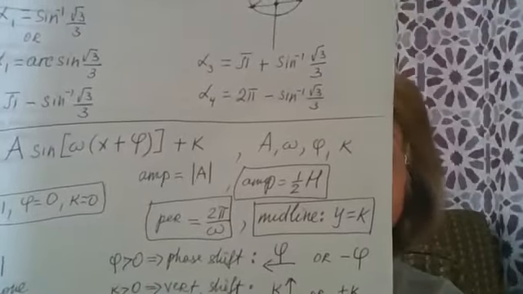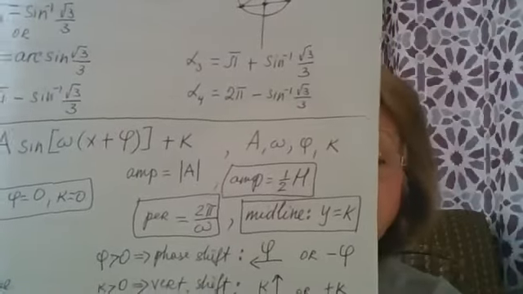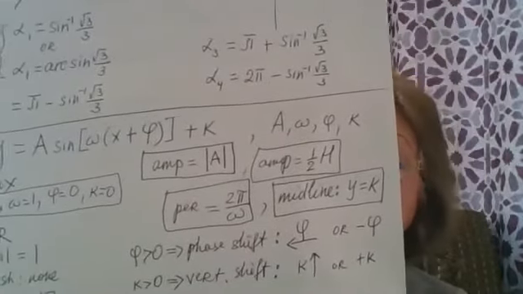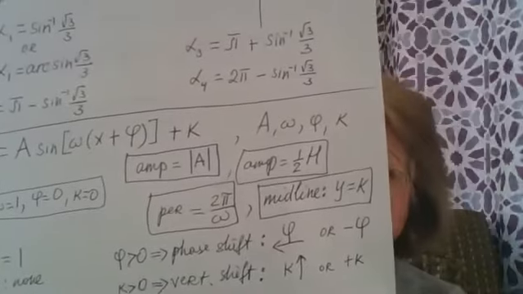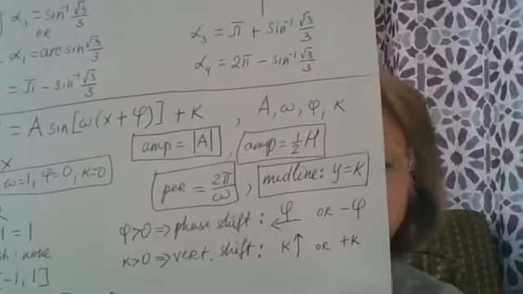This is about a relationship between these parameters. Let me actually box that amplitude also. Let me do that. It will be more visual. Amplitude is equal to the absolute value of A. At the same time, we know that amplitude represents half of the height.